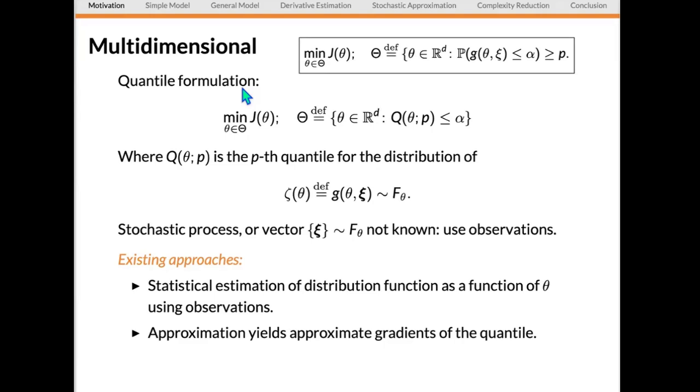Existing approaches for this are statistical estimation. They use a tremendous amount of data, and they do statistical estimation of the distribution function, which of course can be done relatively easily. But then they use kernel approximations to have these functions as functions of theta, because that's the problem. They are functions of theta, but we don't know how they depend on theta.